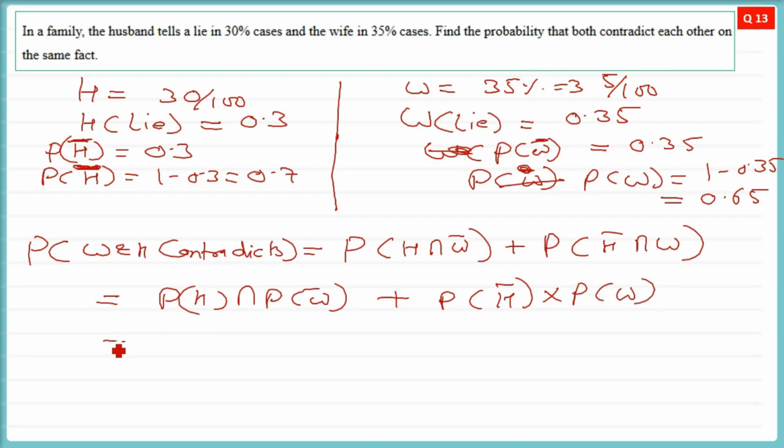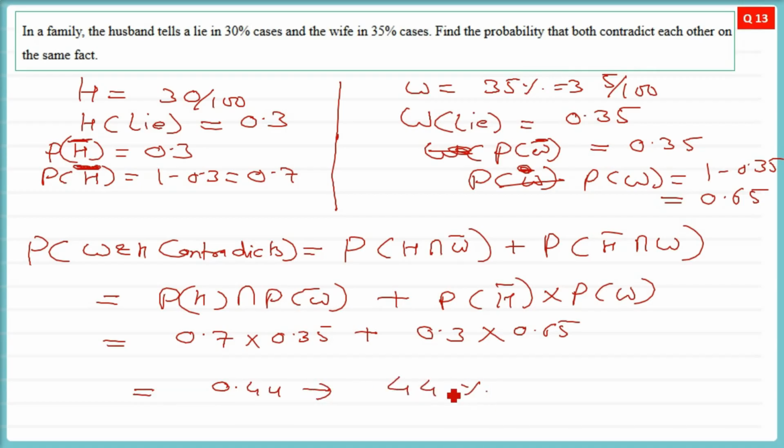It's not intersection in the second case; please correct it with multiplication, a slight mistake I made. So we write the numbers: 0.3 multiplied by 0.65 for the second term, and computing these two we get 0.44, which in percentage terms is 44%.